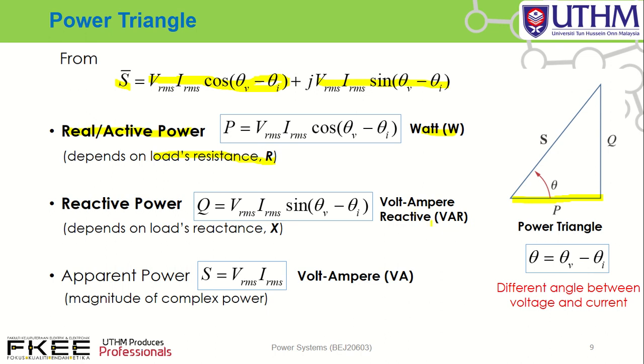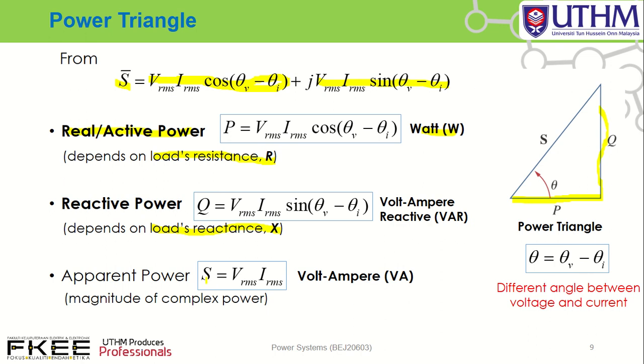This reactive power basically depends on the load's reactance, which is X. And then number 3, we call it apparent power. Sorry, for reactive power, this is the power triangle. This is a positive reactive power. If you have a negative reactive power, it will go to the negative part. This is the positive part.